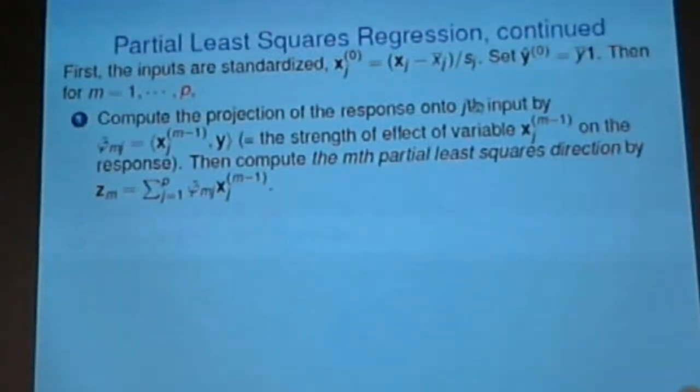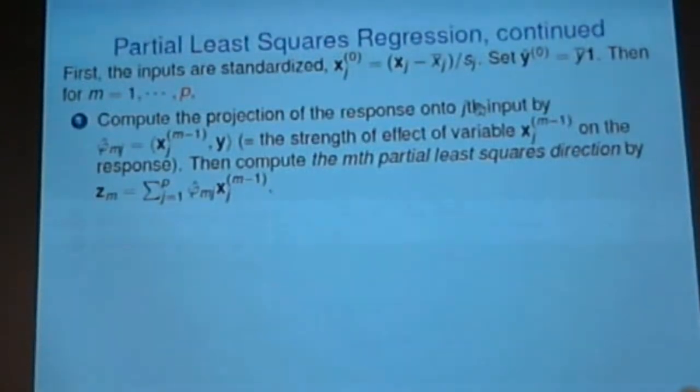Basically, you do a sort of one-variable regression. And this is the projection we have. So that measures the strength of the effect of variable x_j on the response for the current stage.